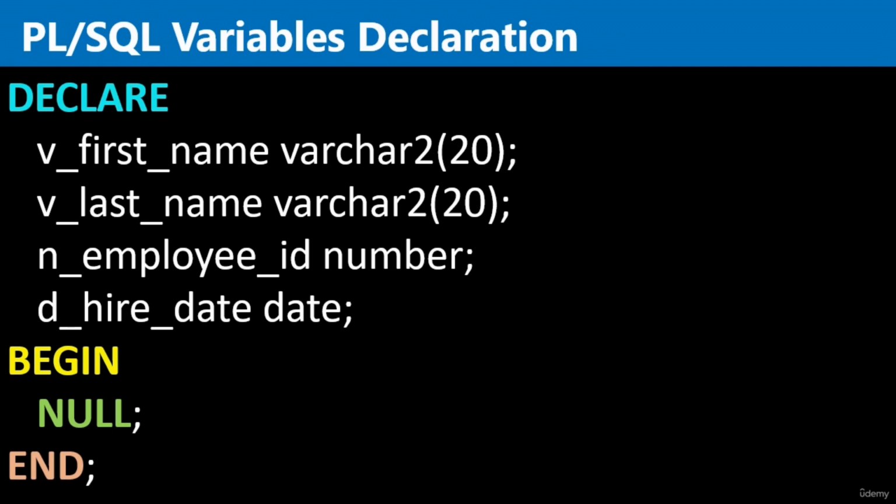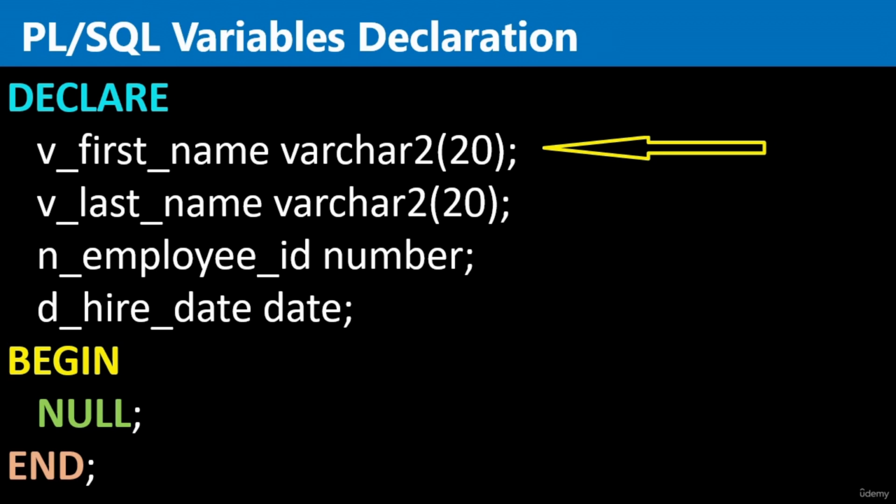Here are some example variables I have declared inside the declaration section of a PL/SQL block. To declare a variable, you use the variable name followed by the data type, and then you terminate it with a semicolon. So in this example, I've got the variable name, which is v_first_name, followed by the data type, which is VARCHAR2.